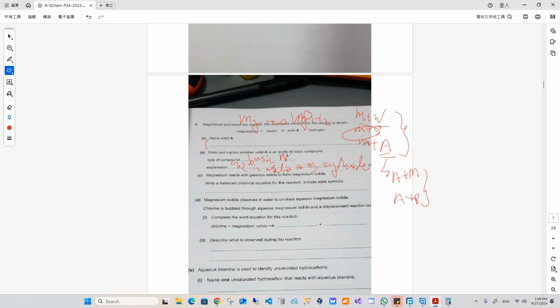So this is Mg(OH)2. This is tricky because a metal oxide is also a base, and a metal hydroxide is alkaline. And if it's not soluble, you call it a base.